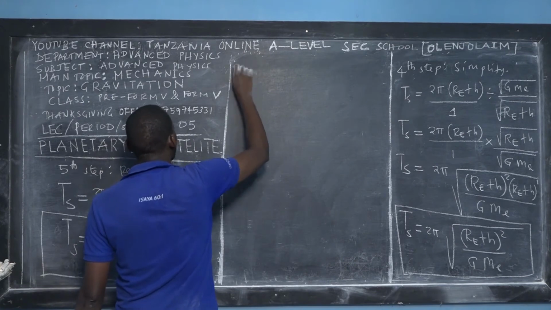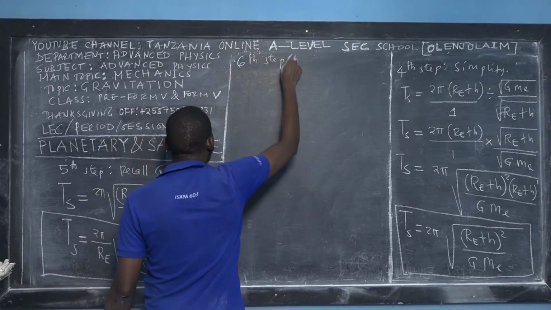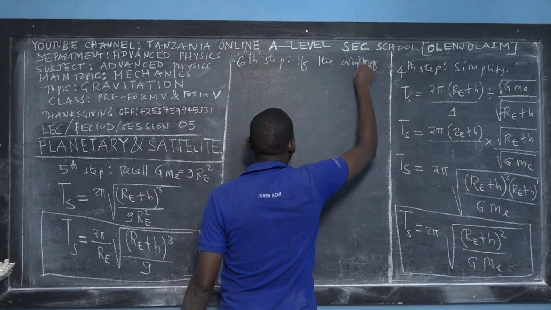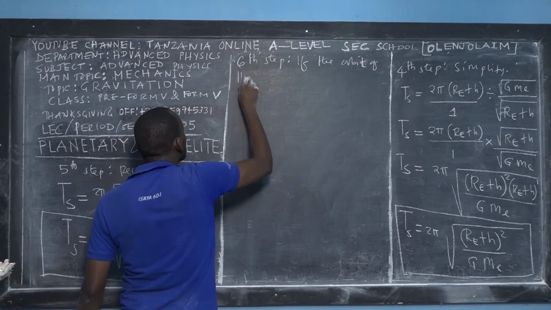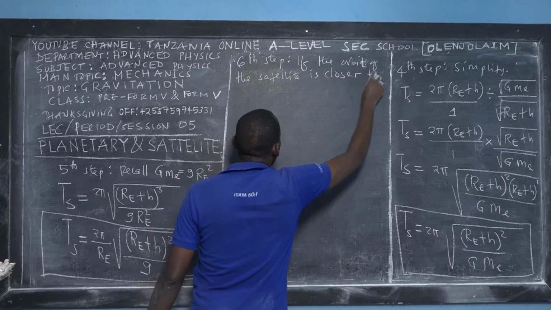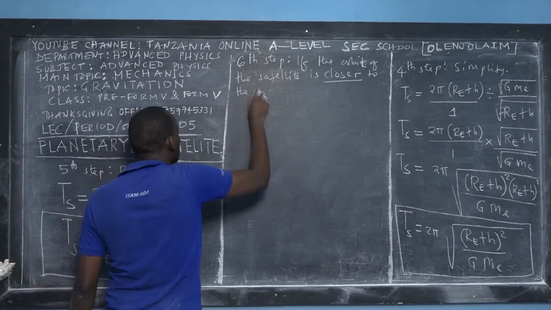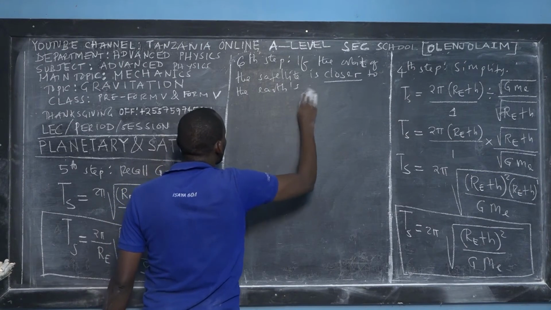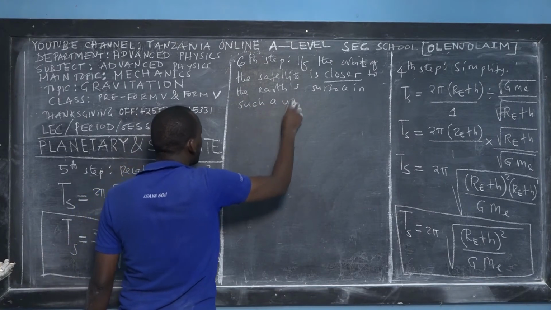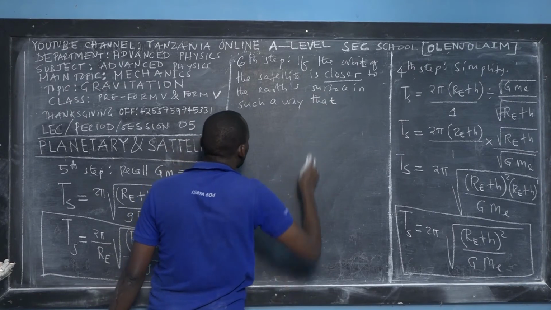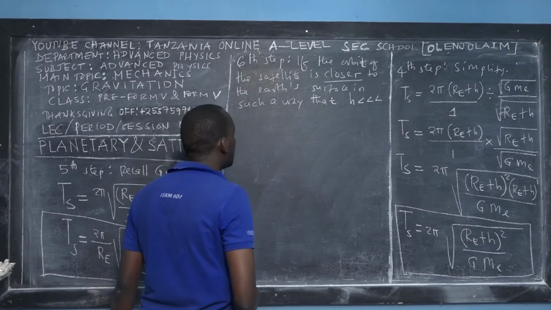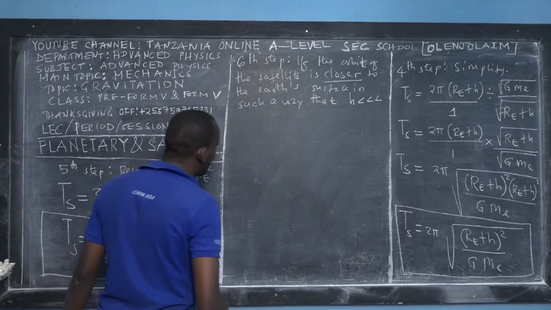So the sixth step, let us just say that we say that if the orbit of the satellite is closer to the Earth's surface, in such a way that the height from the Earth's surface to the satellite, to the orbit, is very, very small.